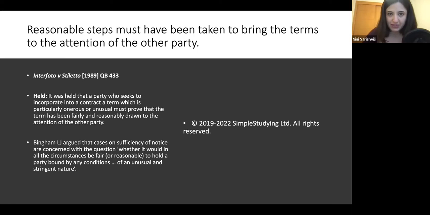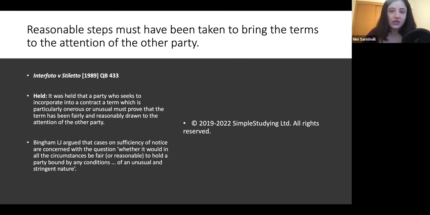Reasonable steps must be taken to bring the terms to the attention of the party. The case of Interfoto is often cited for this principle. Here, it was held that a party who seeks to incorporate into a contract a term which is particularly onerous or unusual must prove that the term has been fairly and reasonably drawn to the attention of the other party. Therefore, it is not enough to include the exclusion clause in the contract. The person may not have paid enough attention to the exclusion clause.